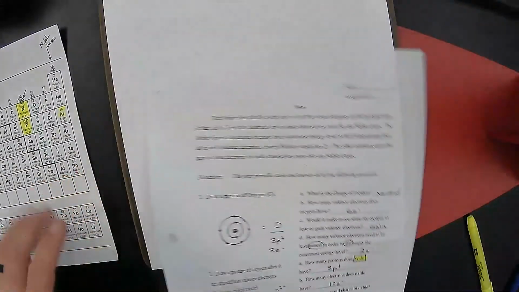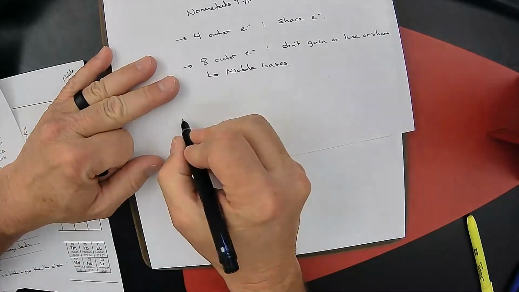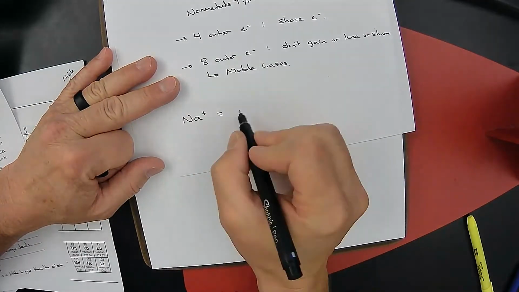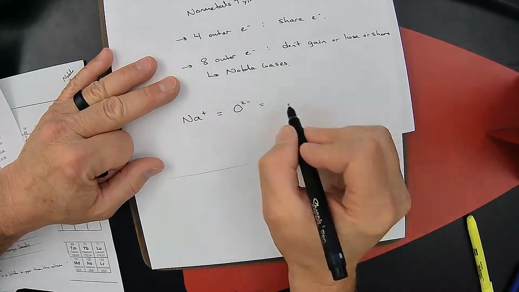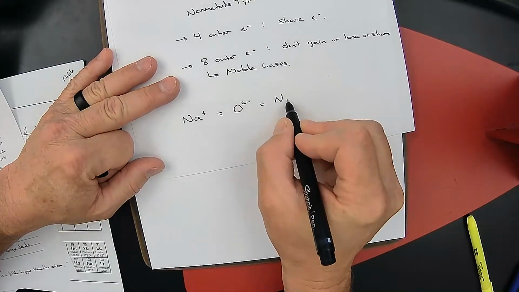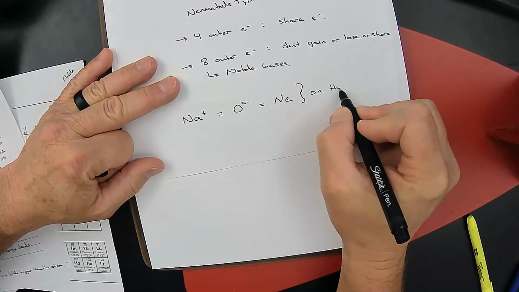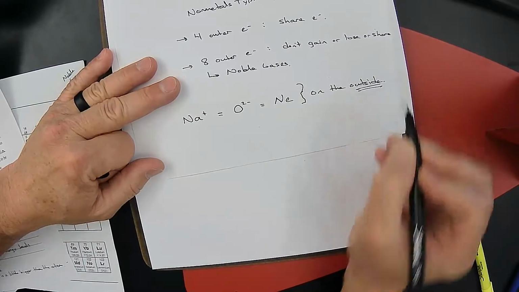So the way that we would write that is we would say that the sodium ion, the Na+, looks like the oxygen ion, O2-, and looks like neon atom on the outside. Only on the outside. All three of these.